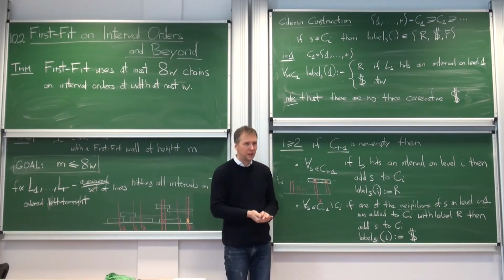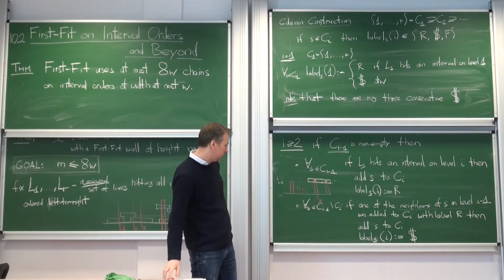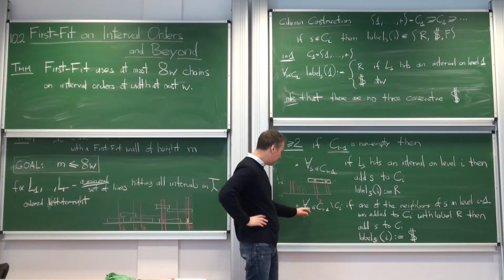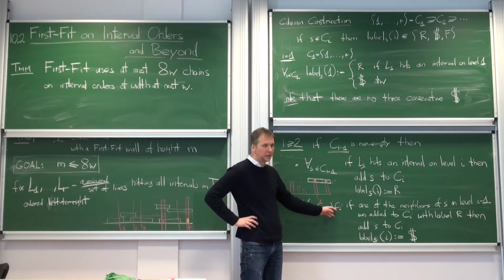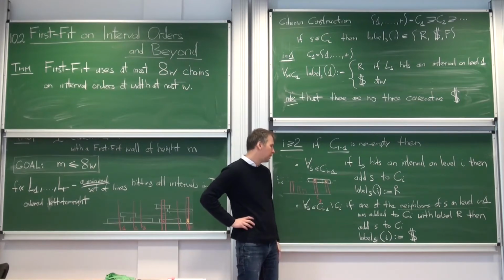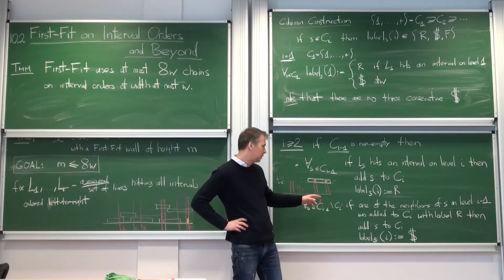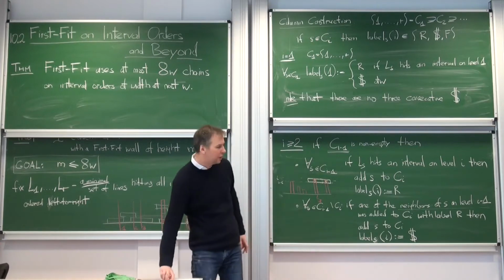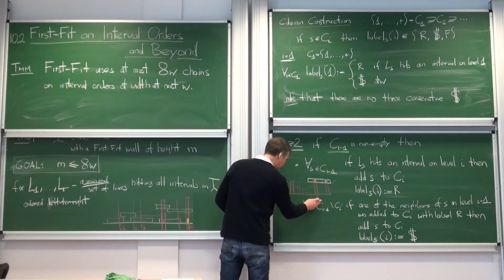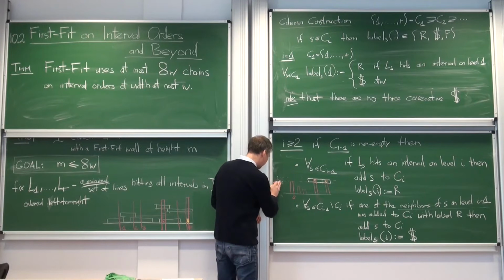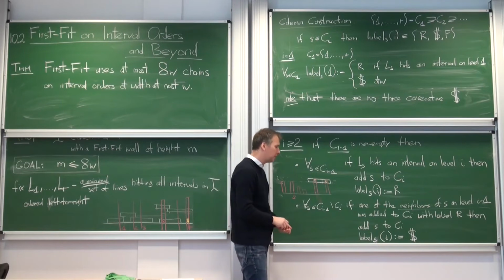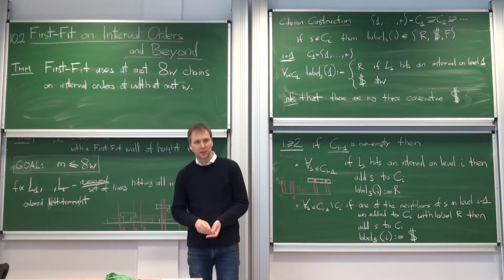Now, some of them can survive with a different label. So think of columns that are alive on I minus 1 but didn't get to I yet. So you think now about the column S, and maybe this is the column S now. If one of the neighbors of S on level I minus 1, and what is a neighbor?